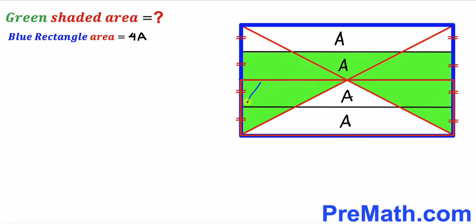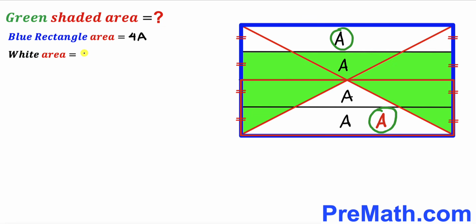Now we are going to focus on this rectangle. We know the area of this rectangle is A plus A, which gives us 2 times A. Then we can see that this white shaded area is simply half of this rectangle, so half of 2A gives us uppercase A. Therefore, the area of this white region turns out to be uppercase A, and this other white region is uppercase A as well.